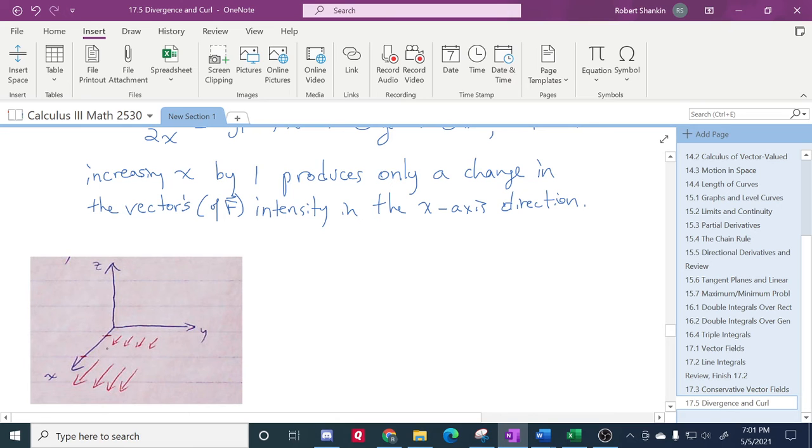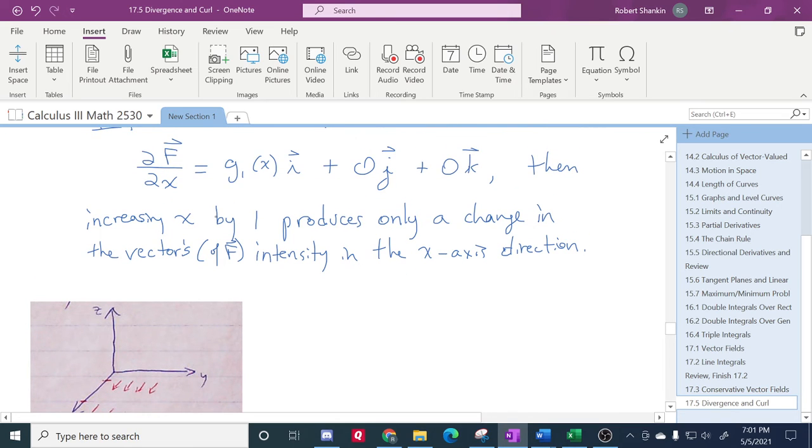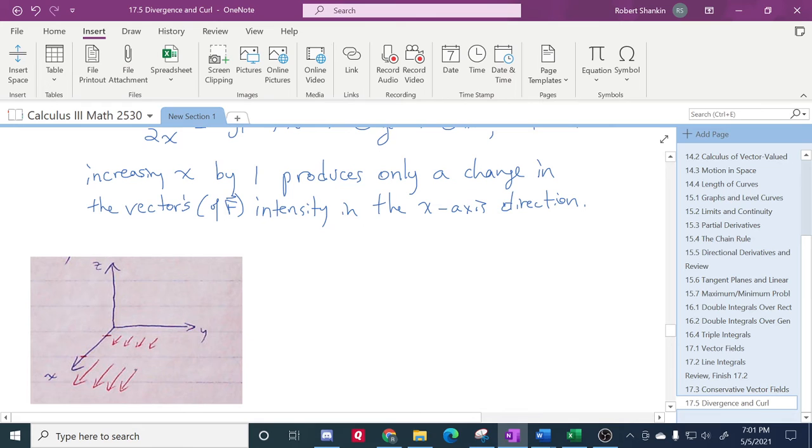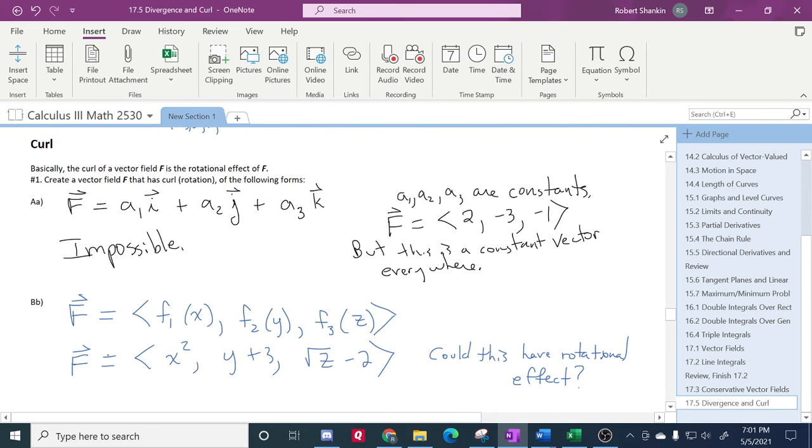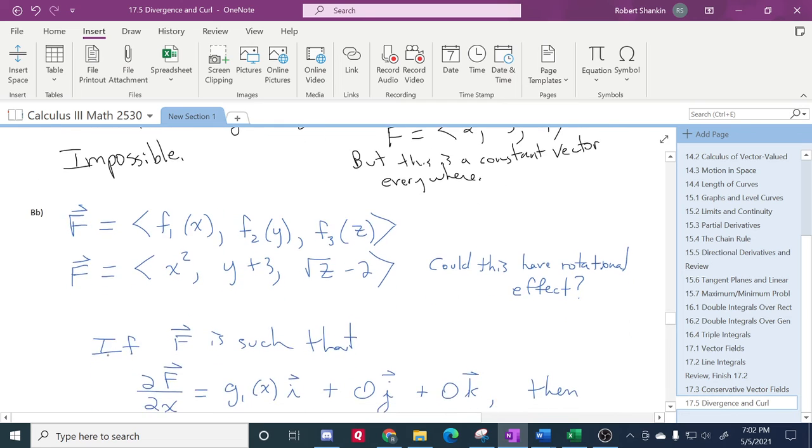The only thing that changes as I move in the x direction is the intensity of the x component. Now the x component could get bigger, in which case the gas is going to expand. But it's not going to produce rotation. That's what this curl is about. We're looking at rotation.